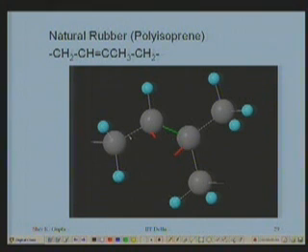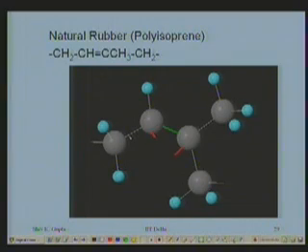This is provided when the liquid taken out from the tree is to be made into useful rubber. What we do is we vulcanize it. The vulcanization process is simply heating this rubber liquid, or polyisoprene liquid, with sulfur.